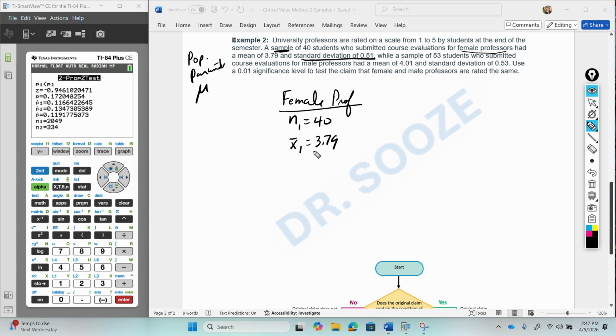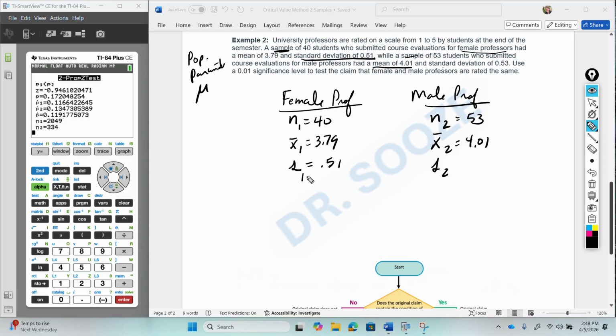So that's not sigma, that's S. While a sample of 53 students who submitted course evaluations for male professors, okay, so that sample size is 53. The sample had a mean of 4.01, and the sample had a standard deviation of 0.53.